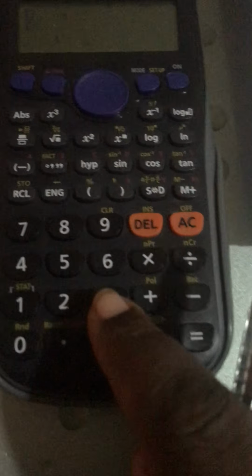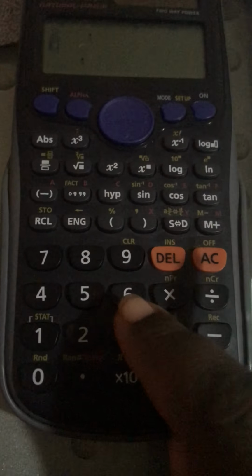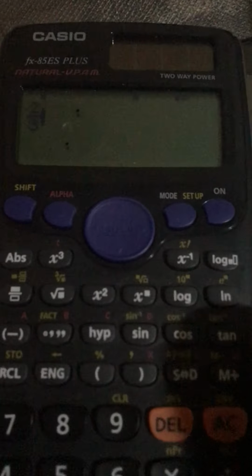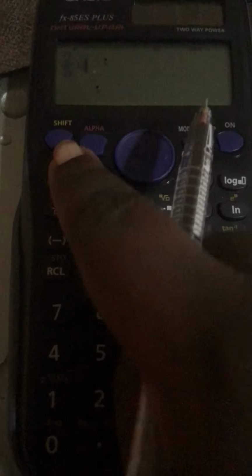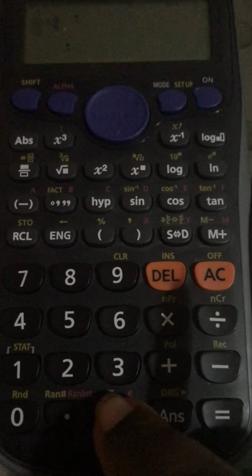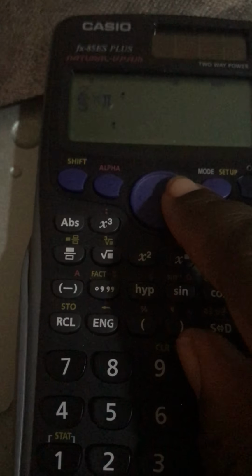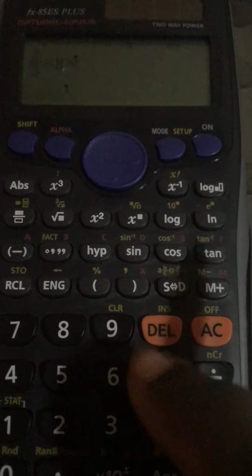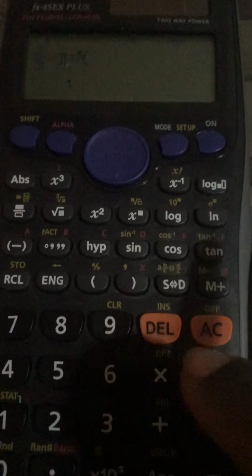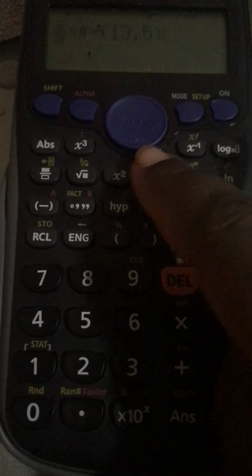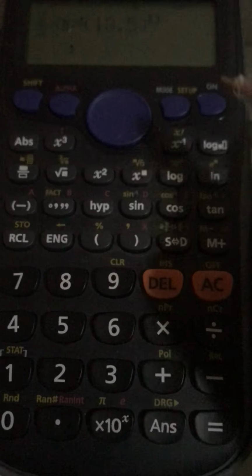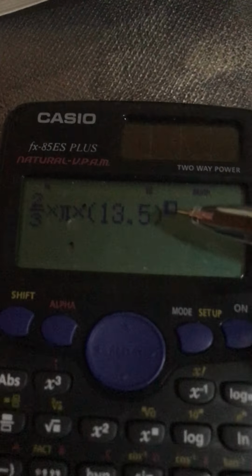So let's do that here. Fraction 2/3 times shift pi times bracket 13 5/10. You press this one with the box so that you can put the 3 over here.